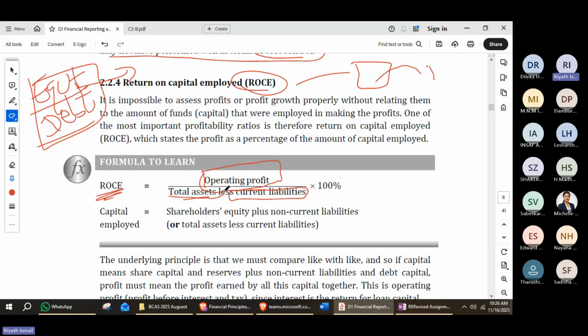So total assets minus current liabilities. Another way around, we can say shareholders' equity plus non-current liabilities, which means long-term liabilities, not current ones. Or total assets minus current liabilities. We can say capital employed in this way.